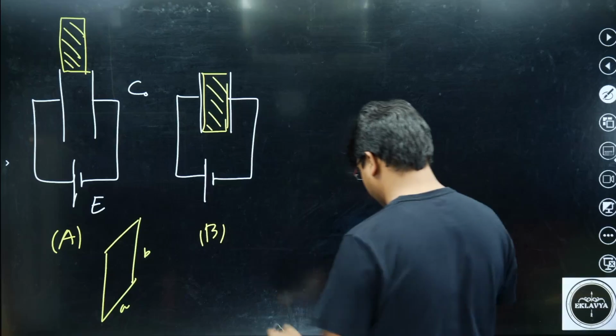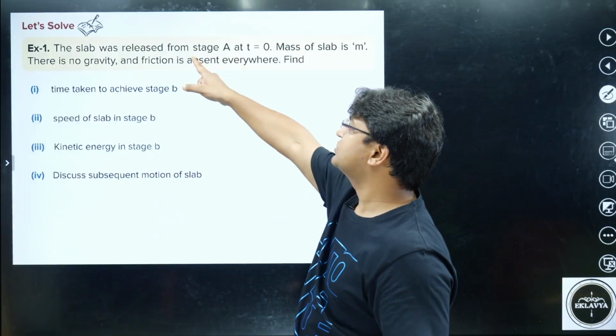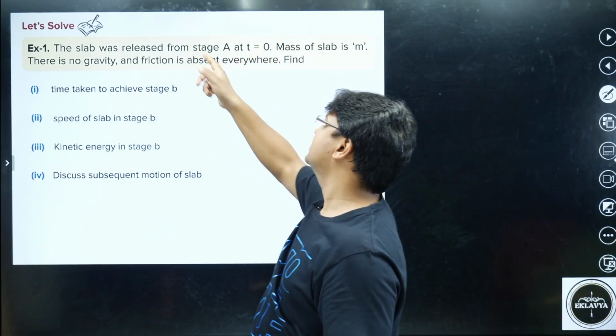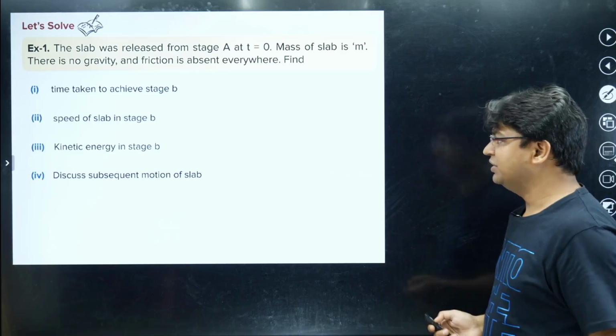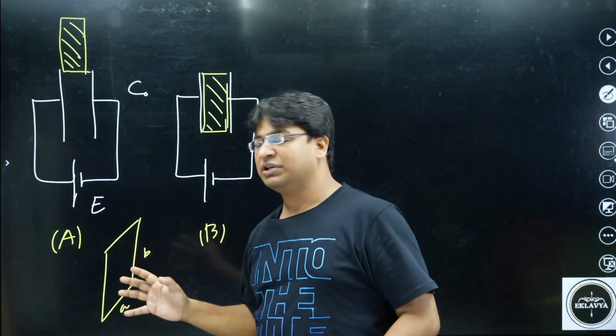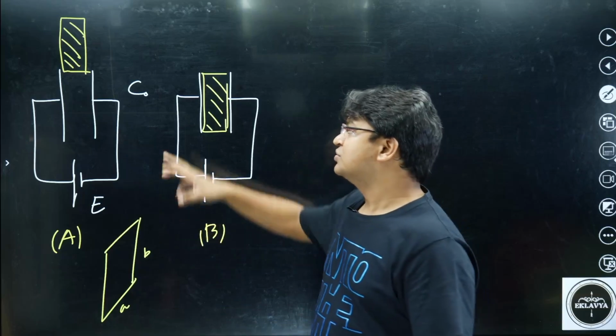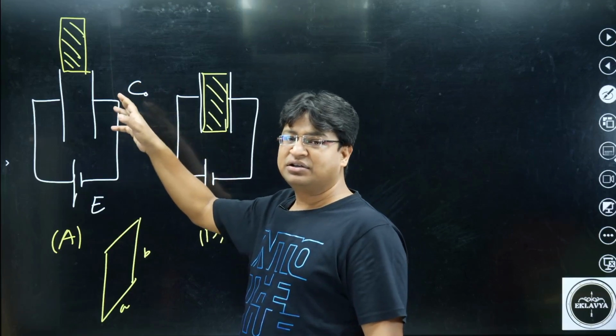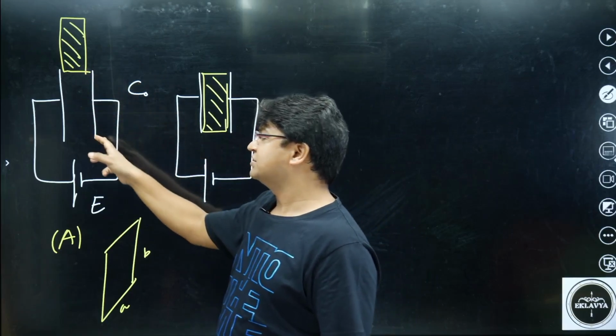Now going back to the question, it says the slab was released from stage A at t equal to 0. Mass is m, there is no gravity, friction is absent. Find time taken to achieve B. Now my question to you is, guys, we found out that the force is constant. So constant force will result in a constant acceleration, and under the constant acceleration, this slab covered a distance of b.